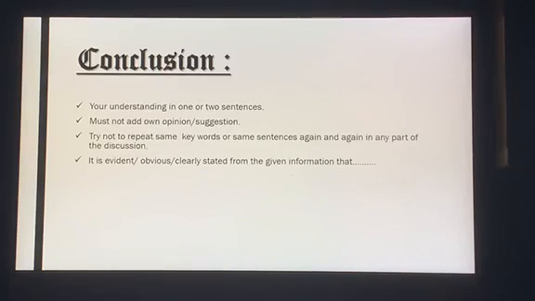You do not repeat keywords again and again. You do not repeat the same sentence again and again. You do not add your own opinion or suggestion. And you should highlight the main points and summarize the information within 150 to 170 words.